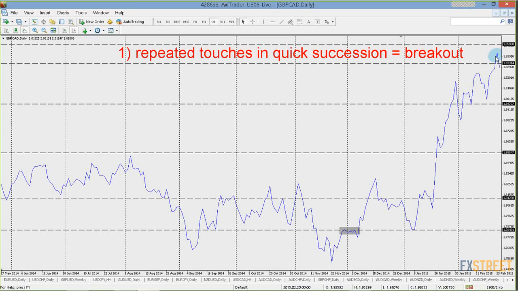That's it. That is a really, really strong reversal because it's such a hard move. So repeated touches in quick succession like we have down here equals breakout.